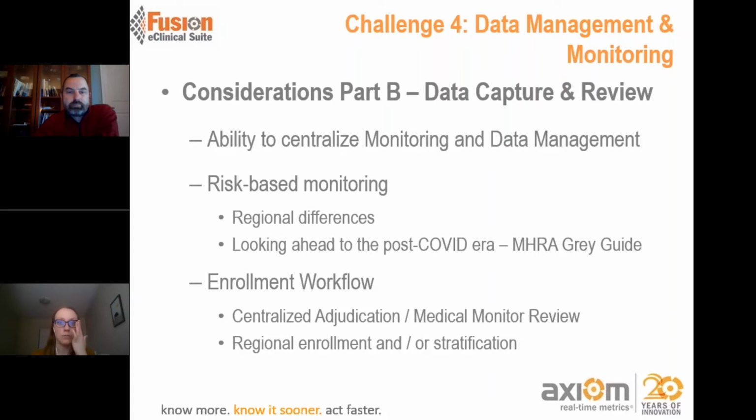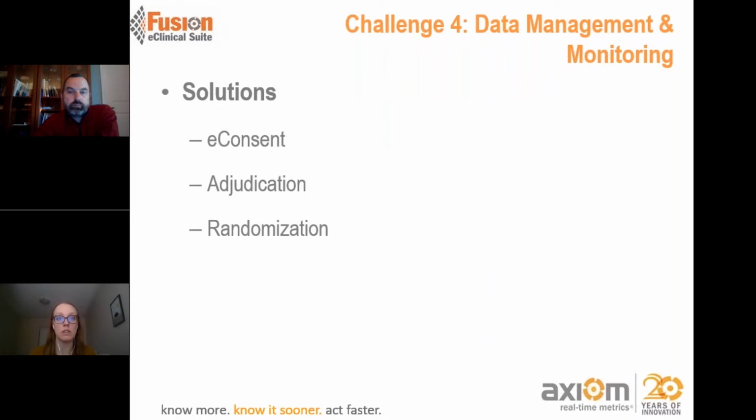And then the regional enrollment, do you have any restrictions? Again, going back to any requirements for pooling, do you need to set your enrollment caps at the regional level? How are you doing your stratification? Is it site specific, region specific? Is it just at the global level? All of that needs to be considered when you're looking at a global study.